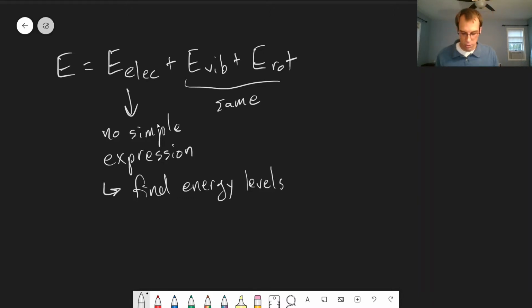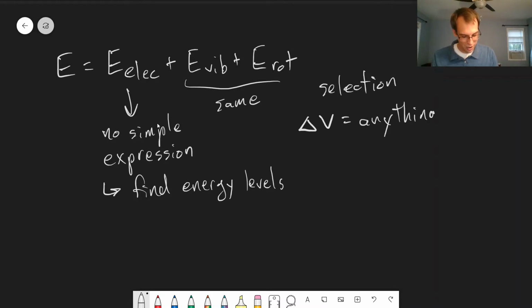When we're looking at an electronic transition, we've talked about selection rules in the past, the selection rule of delta V equals plus or minus 1 no longer applies. So the selection rule is delta V equals anything. You can have any possible change in delta V for electronic transitions. For rotational selection rules, it depends on the type of electronic transition, and we won't get into all the details of that.